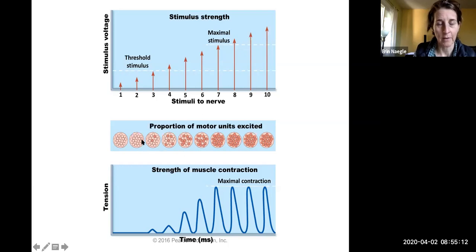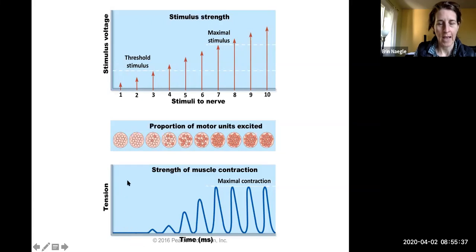So what are we looking at here? This is representative of a cross section of a muscle. And as they're getting darker, that means that a motor unit within the muscle is getting excited.